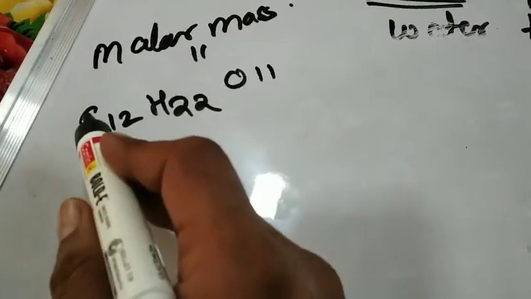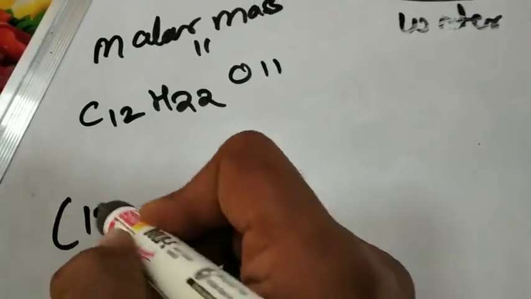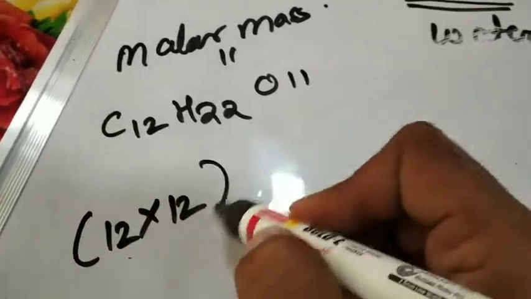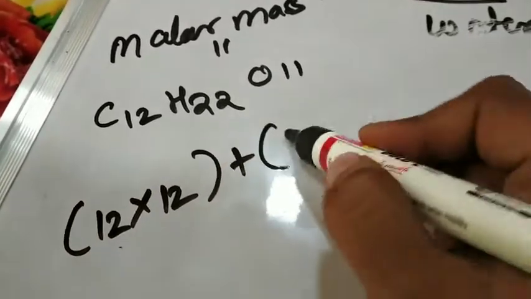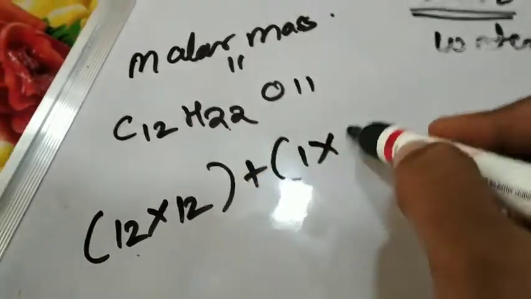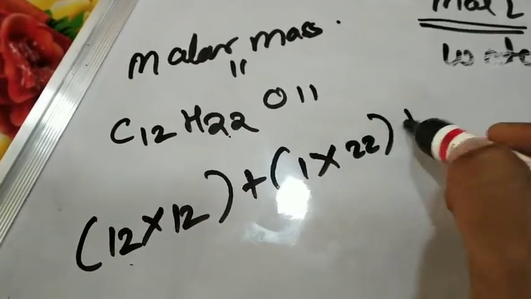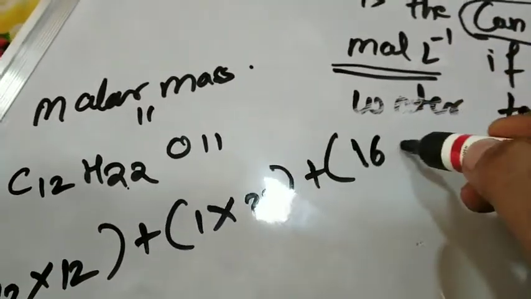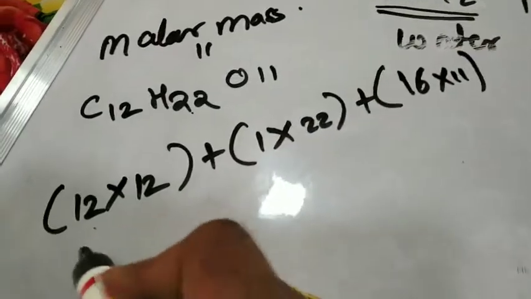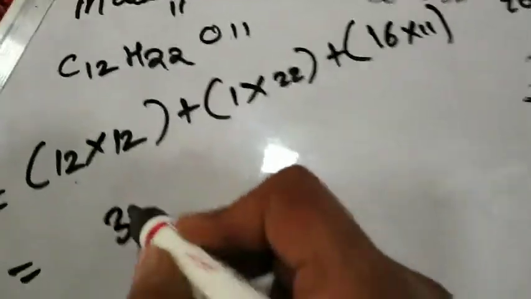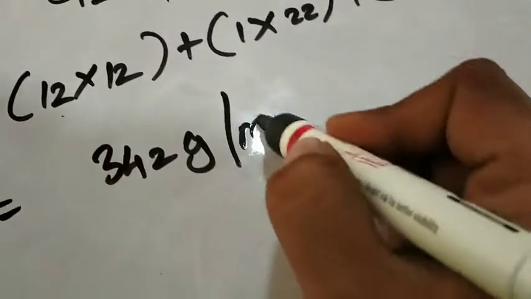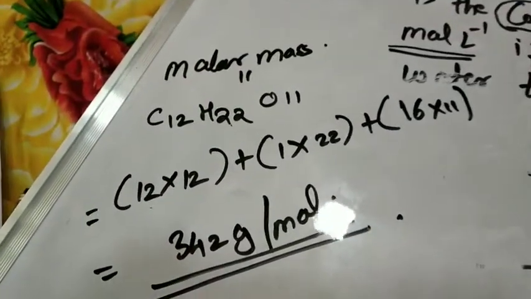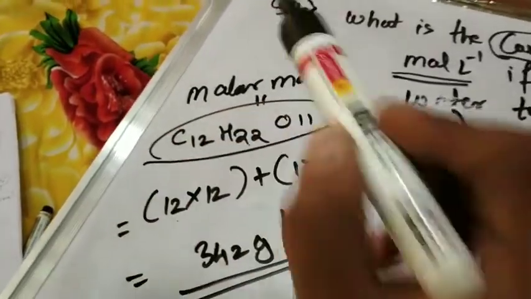Okay, so carbon, we know what is the mass of a carbon, 12, into how many number of carbon atoms are there, 12 carbon atoms, plus hydrogen, mass is 1, into how many hydrogen, 22, plus how many number of oxygen, 11, what is the atomic mass, 16 into 11. Okay, so that is equals to 342 gram per mole. 342 gram per mole. Did you understand, my dear students, how to calculate the molar mass of a sugar?